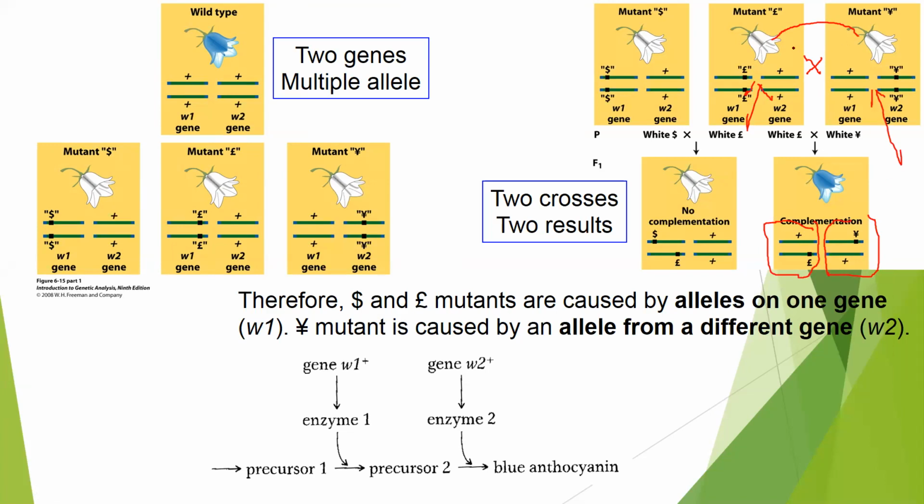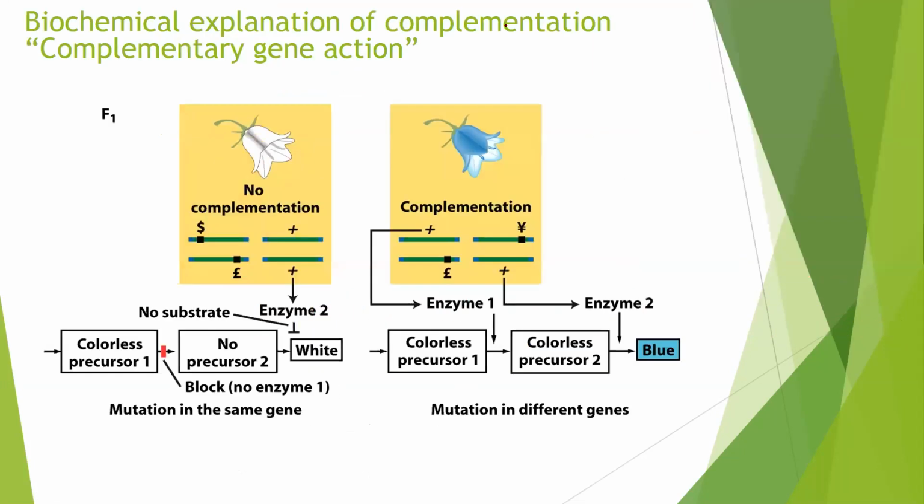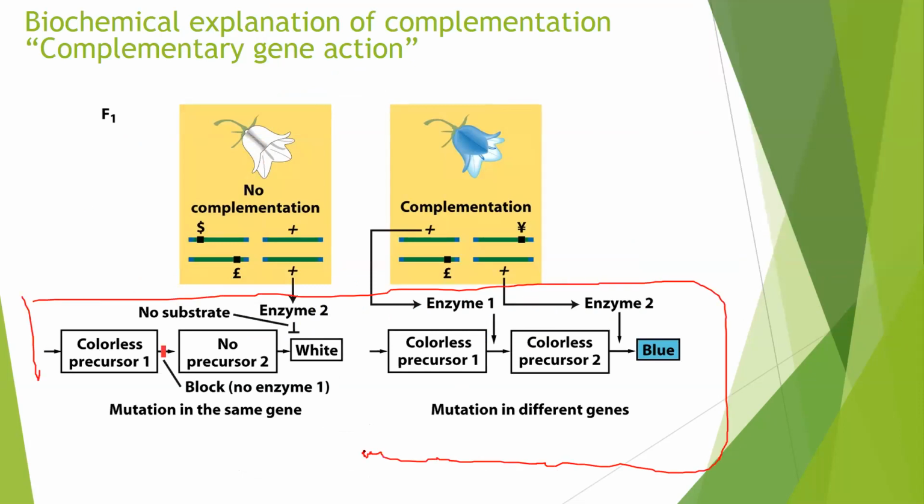So that's why if you cross these 2 mutant lines, they can complement each other. So we say this is the complementation test, right? So this is the functional pathway showing the biology behind these 2 crosses, right?